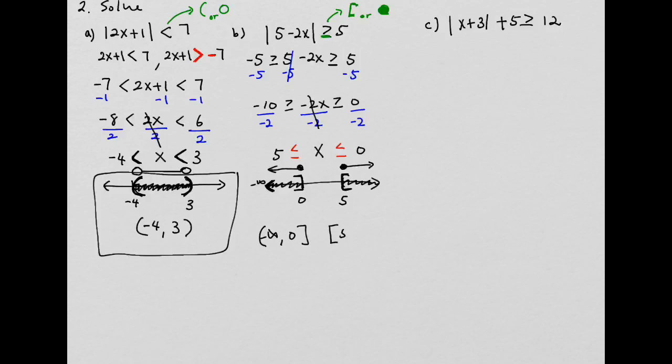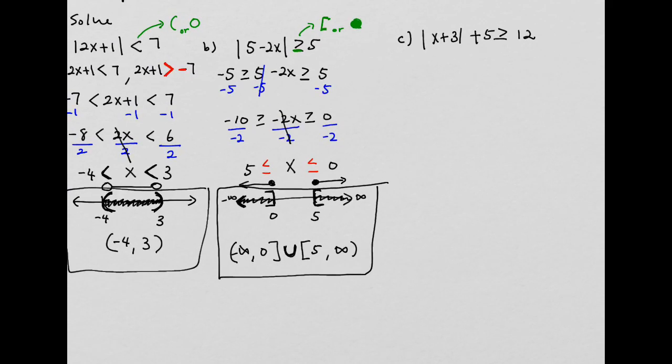And bracket 5, this is positive infinity, so it will be parentheses. And in the middle, because we want to count both of them as the solution, we're going to use the union sign, or. So your solution is going to be right there for that problem.